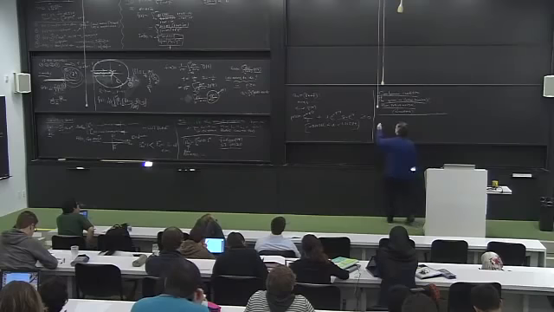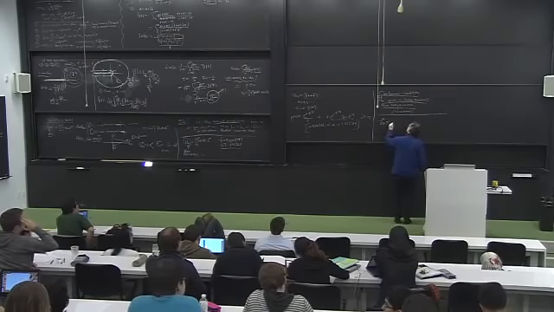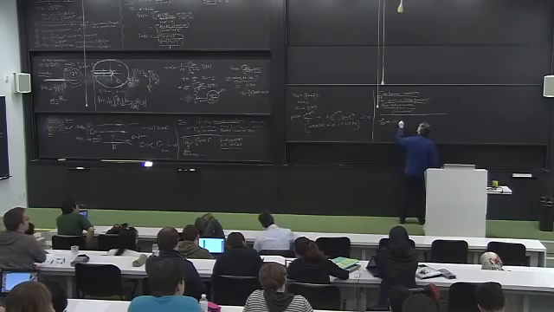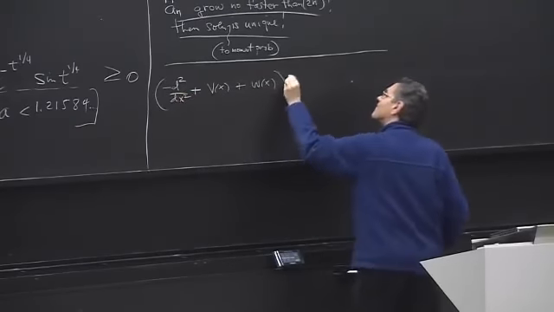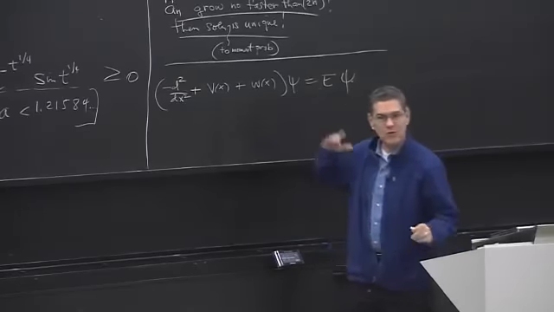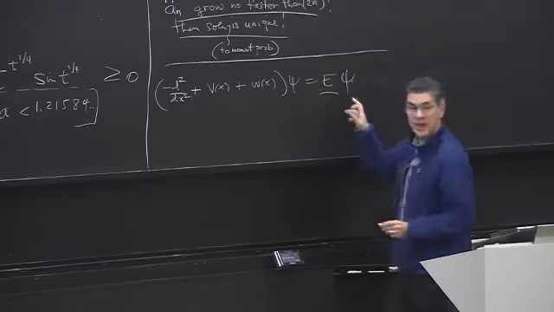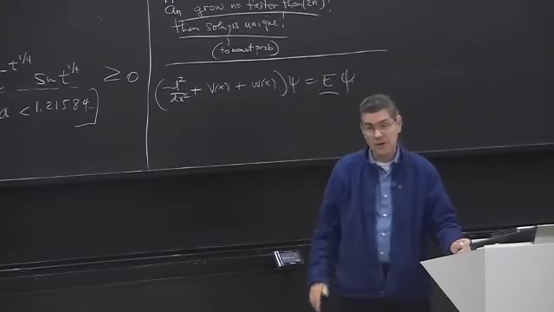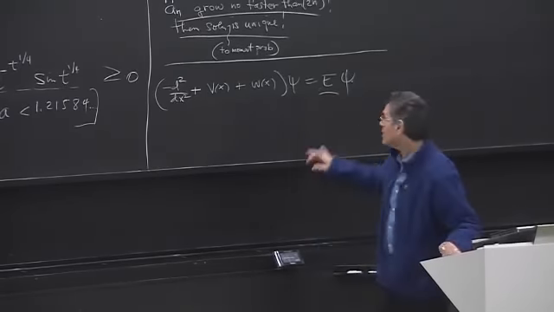Imagine you're solving the Schrödinger equation. Okay? There's the Schrödinger equation. And you're trying to find the eigenvalues E. Those are the energies. The most important thing in all of physics is the energy.